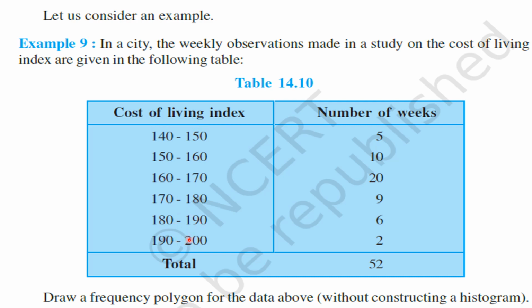The number of weeks: 5, 10, 20, 9, 6, 2. So for this data, without constructing a histogram, we have to draw a frequency polygon. Understood this point, my children?